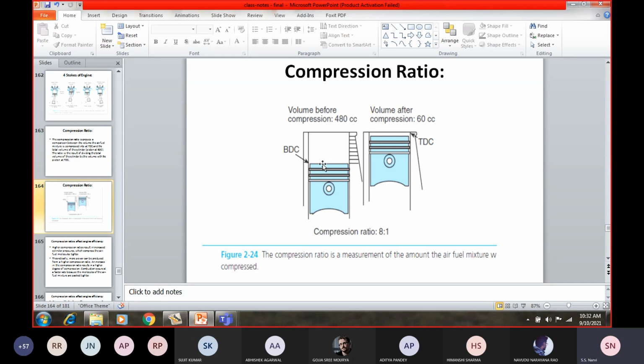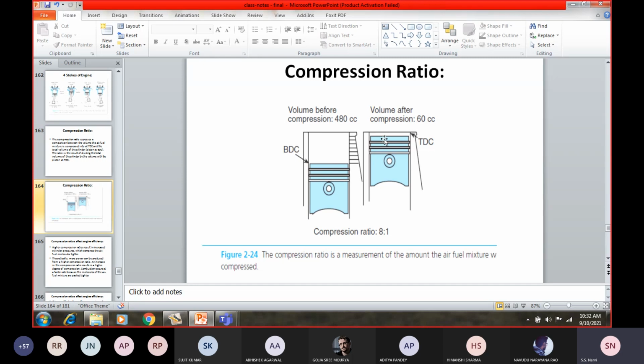Work is done in a way that the piston was here, it will be pulled down, isn't it? Then the maximum displacement which can be achieved will be sent to the wheel somehow by a connecting rod or similar. So maximum work can be obtained by maximum displacement of this piston in the cylinder.